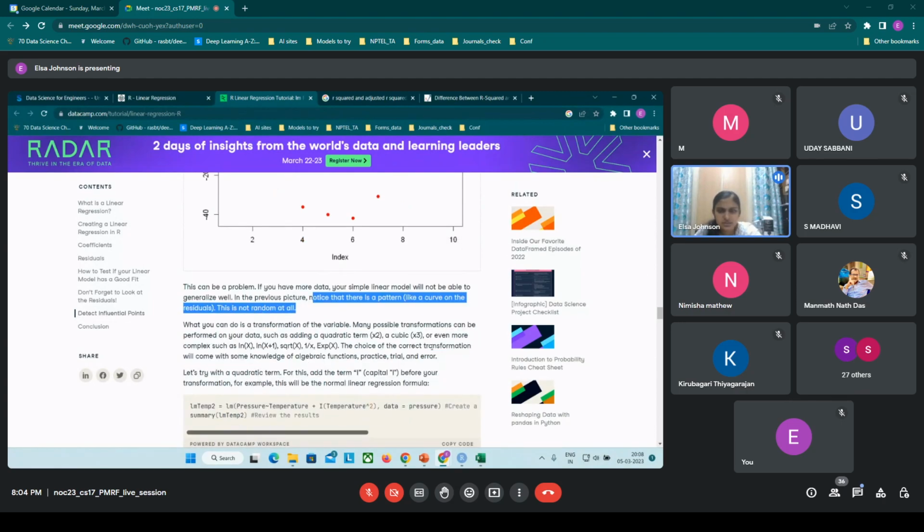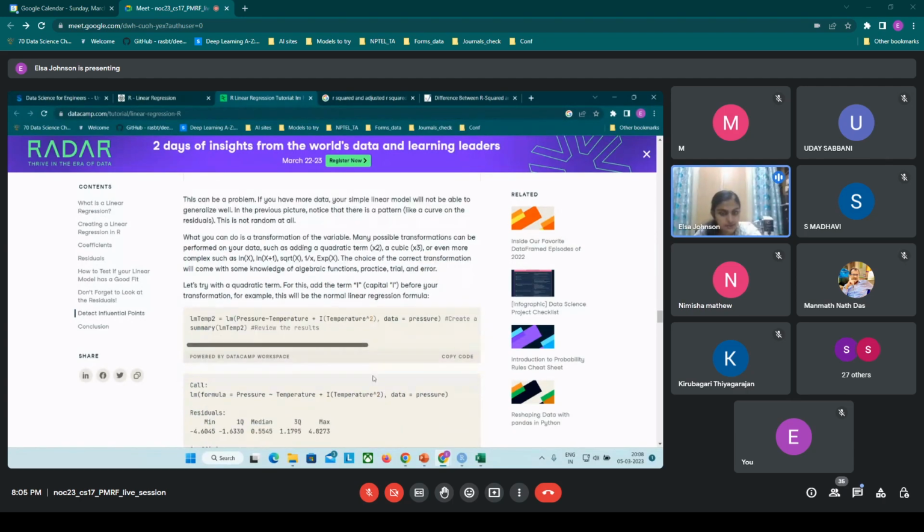So they have changed the relation, taking pressure related to temperature and temperature square, and the square root of that, just to create some randomness in the data they have given us for the pressure.